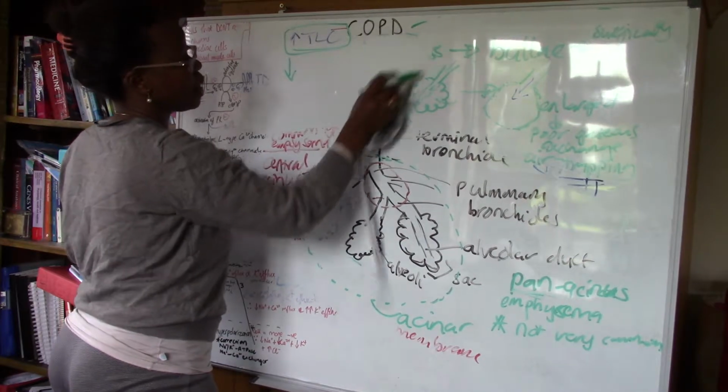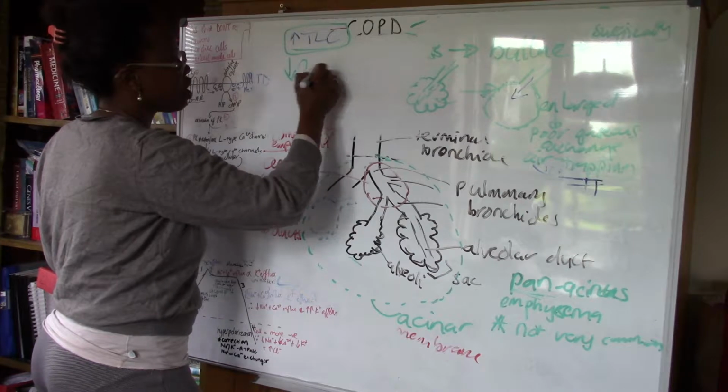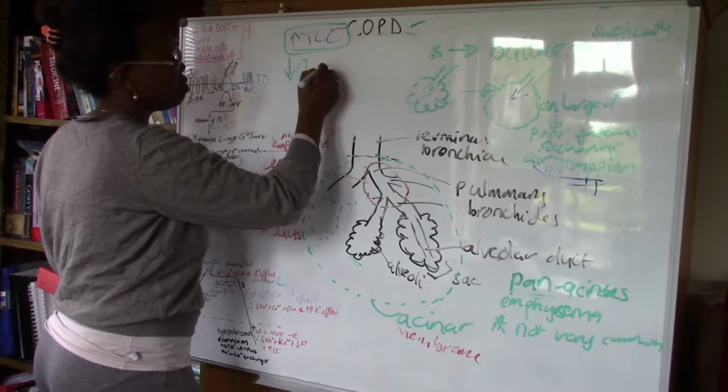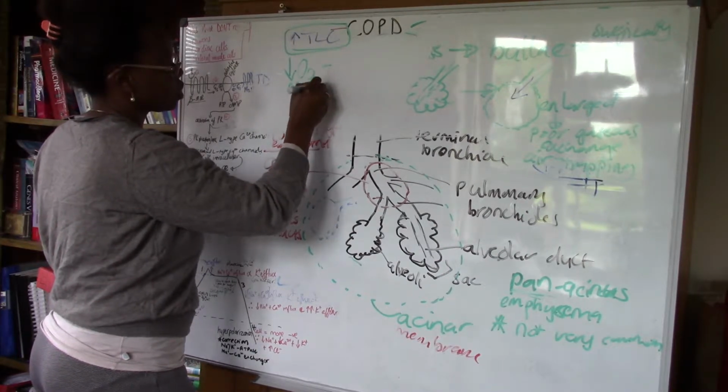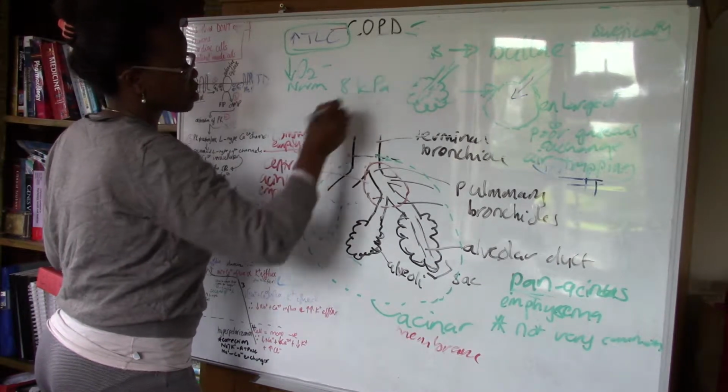And the pressure we're talking about is obviously the oxygen partial pressure, which normal is 8 kilopascals.